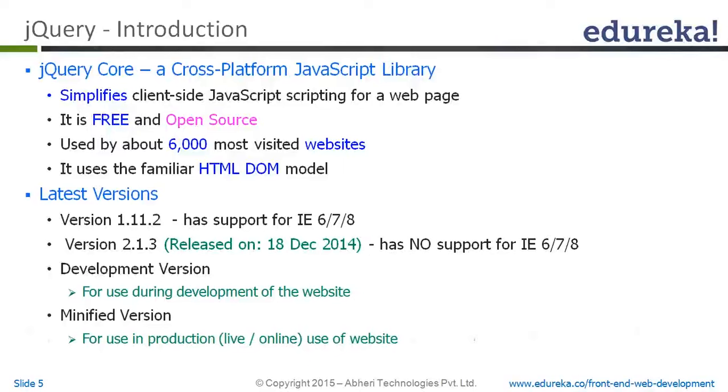Generally, all JavaScript libraries are available in 2 versions. One is called the development version, another is called the minified version. In the development version, you can see the actual jQuery JavaScript code. You can just download that development version of the JavaScript file and see what is there in the code.